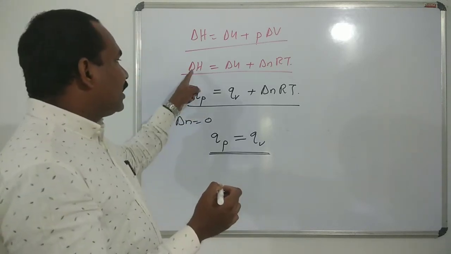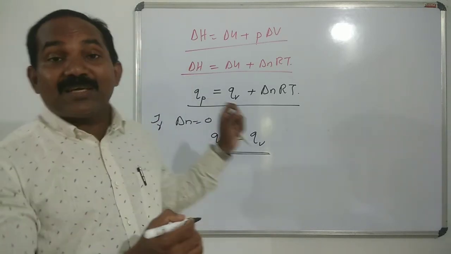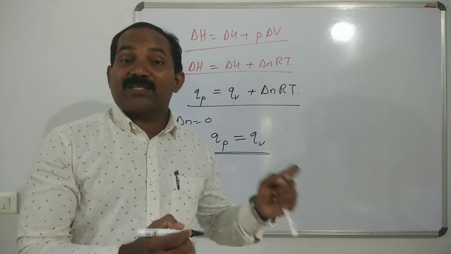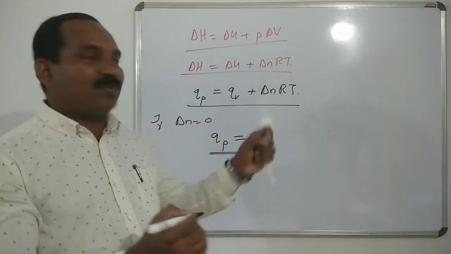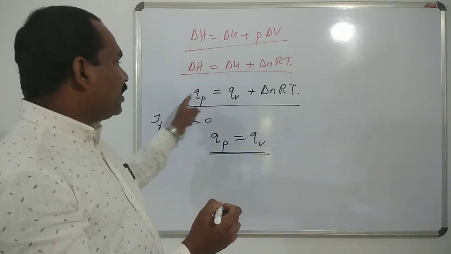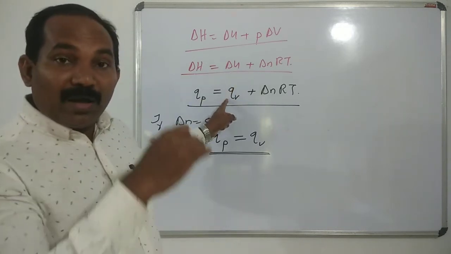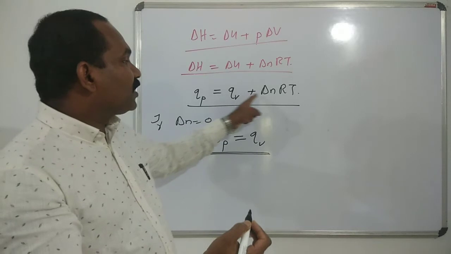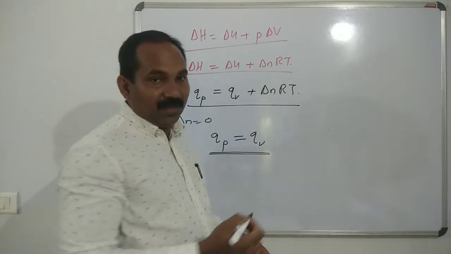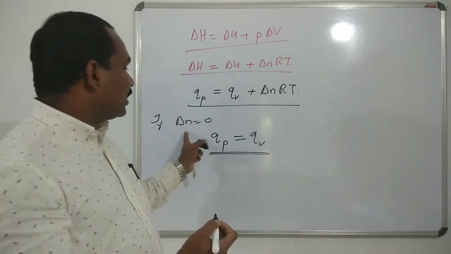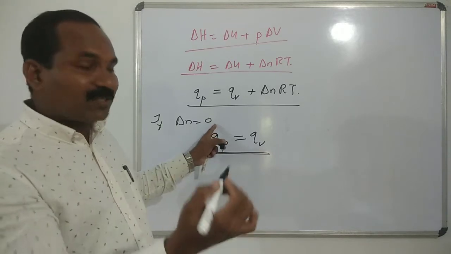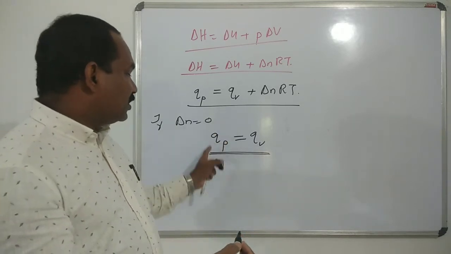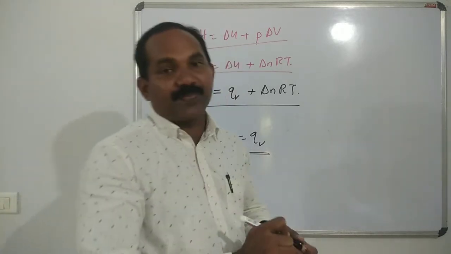Then delta H is QP, heat absorbed or liberated at a constant pressure and constant temperature. Then delta U, as earlier we derived, is equal to QV. Last one: if delta n is equal to 0 for a gaseous reaction, QP is equal to QV.